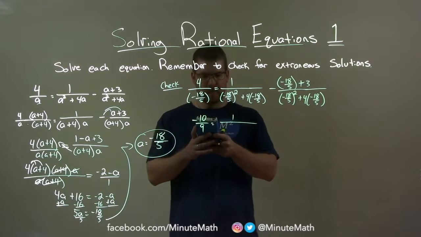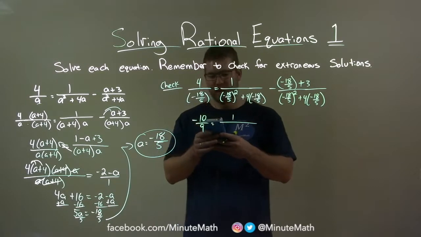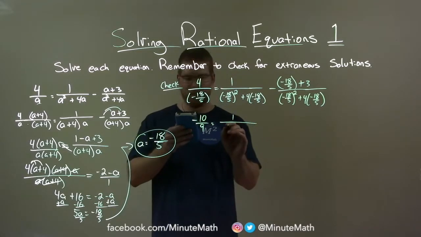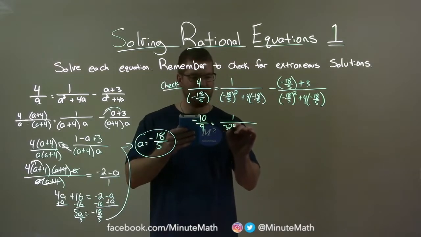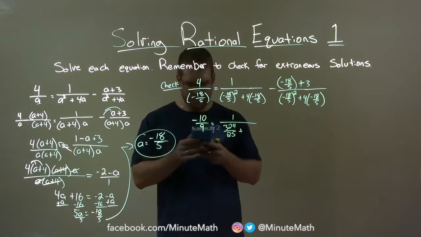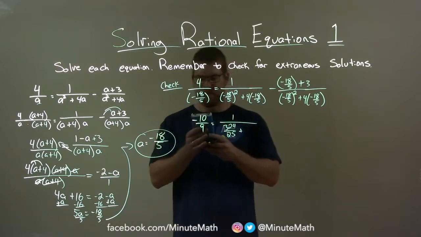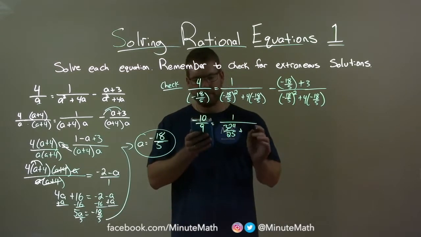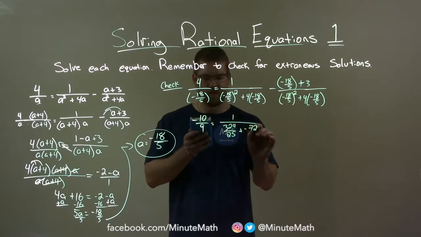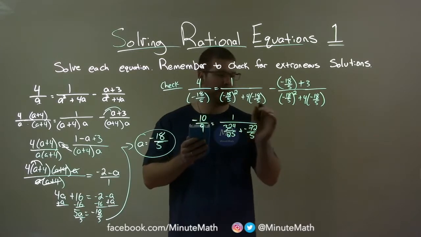Negative 18 divided by 5 squared, and that as a fraction is 324 over 25, plus 4 times negative 18 over 5, and we have a fraction of negative 72 over 5. Okay?